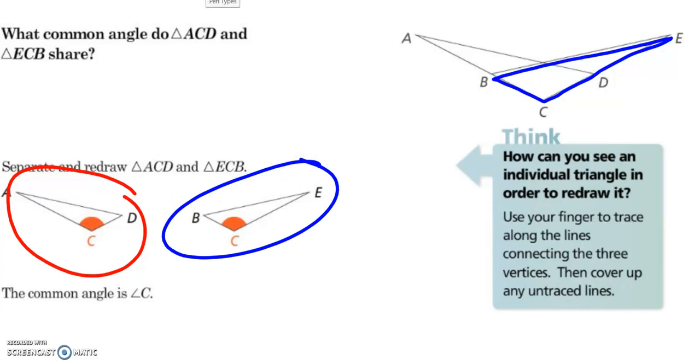So the question was, what is the common angle, meaning what angle do they share? And the common angle is C. So angle C in both of these triangles would be exactly the same.